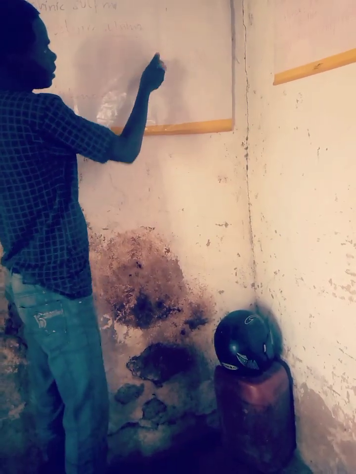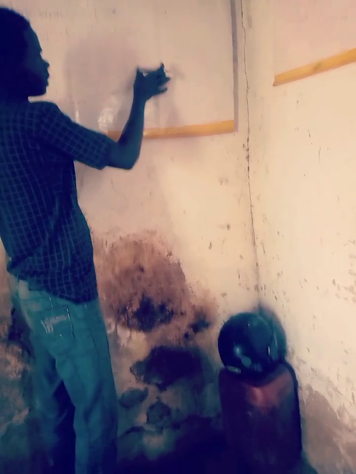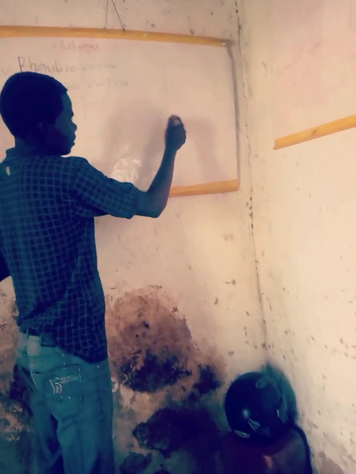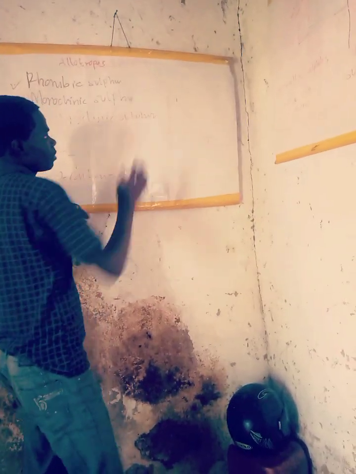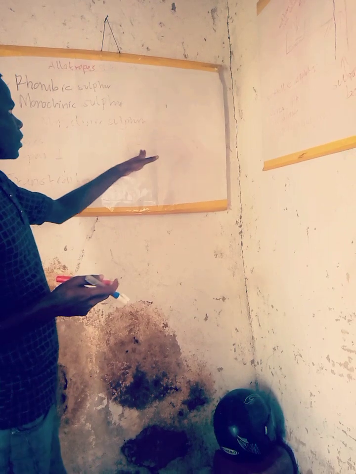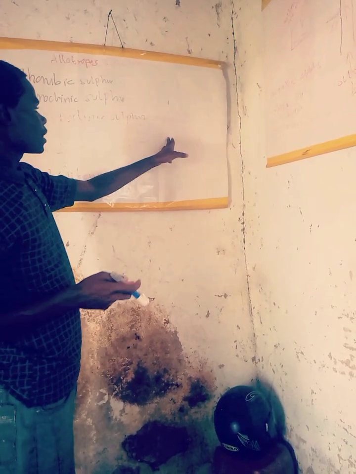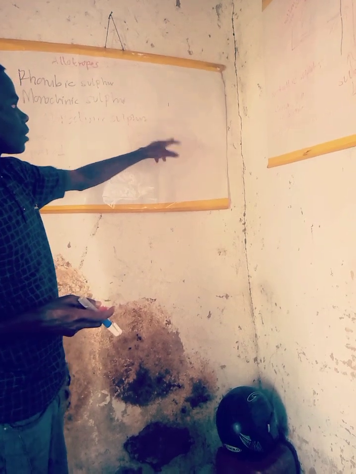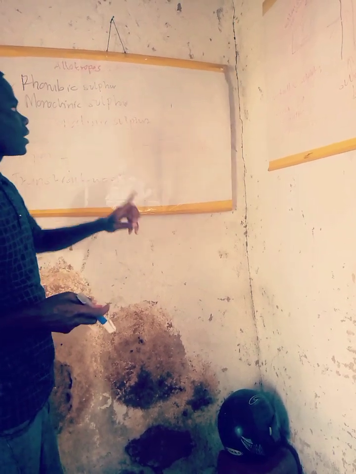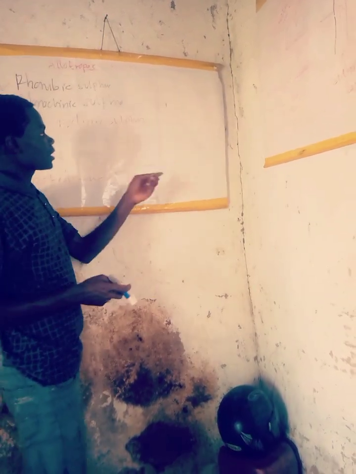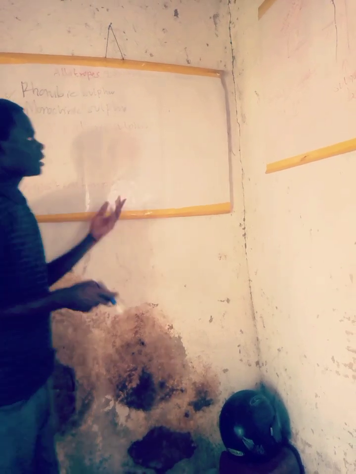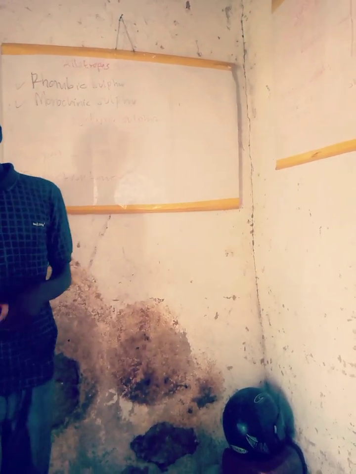Now, as you can see from this equation that I'm writing, from rhombic sulfur to monoclinic sulfur, you have to maintain a temperature of 96 degrees Celsius. Then from monoclinic sulfur to rhombic sulfur, the same temperature is required.